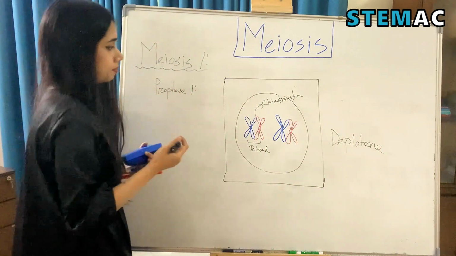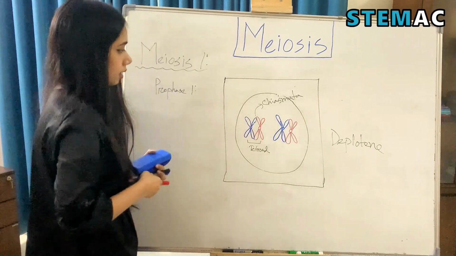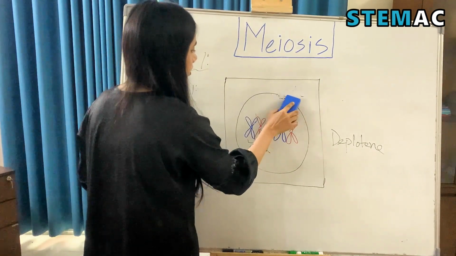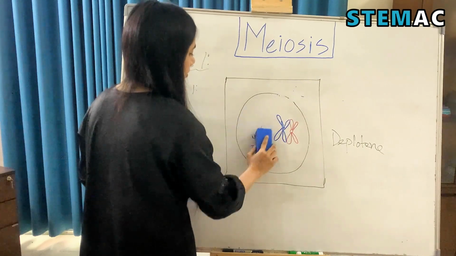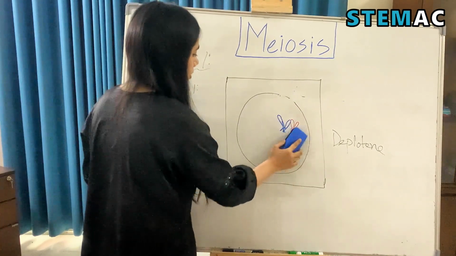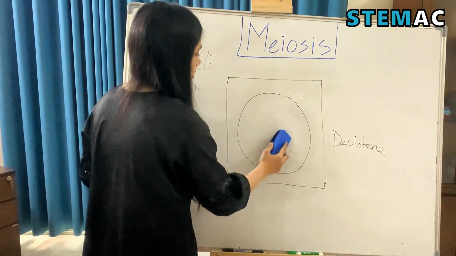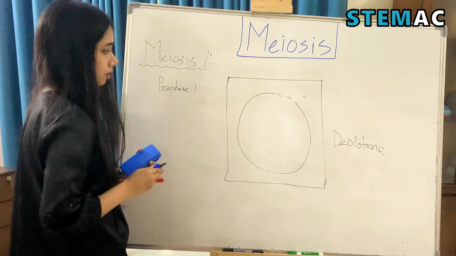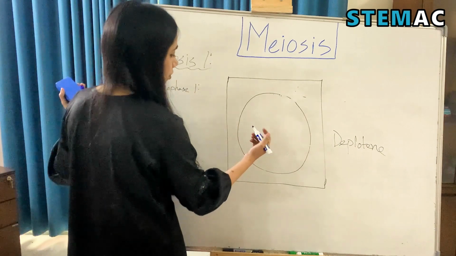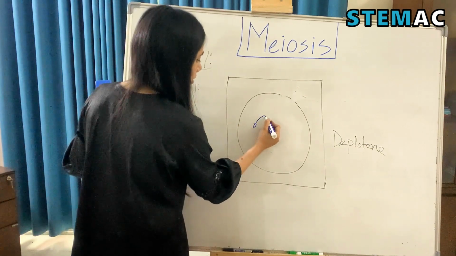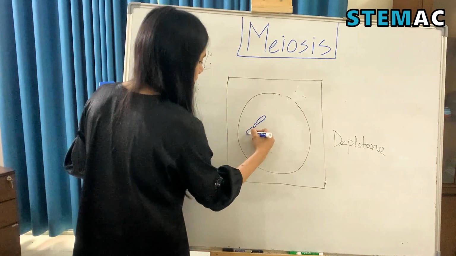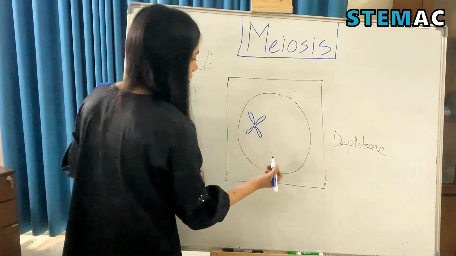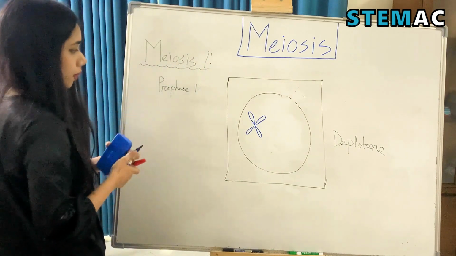Diplotene phase. In this phase, the homologous chromosome pairs will start to move away from each other.